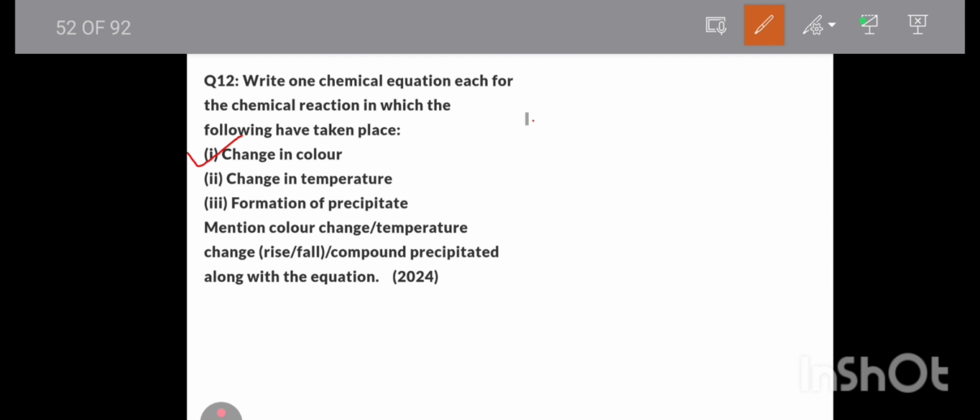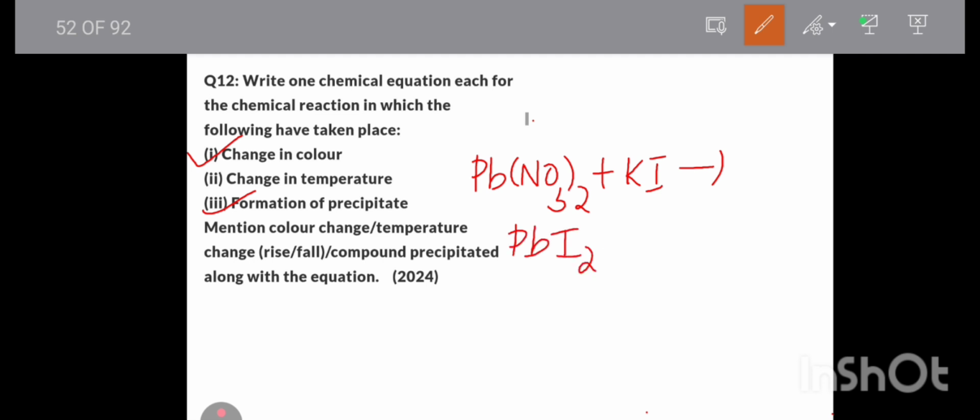Formation of precipitate: reaction of lead nitrate, that yellow precipitate, or reaction of sodium sulfate with barium chloride. In a precipitation reaction, lead nitrate Pb(NO3)2 plus potassium iodide react to give PbI2, lead iodide, plus potassium nitrate.